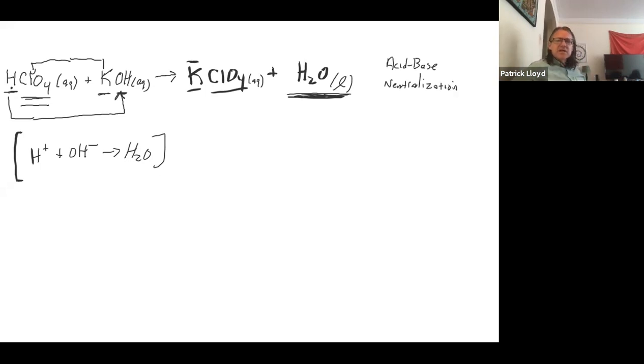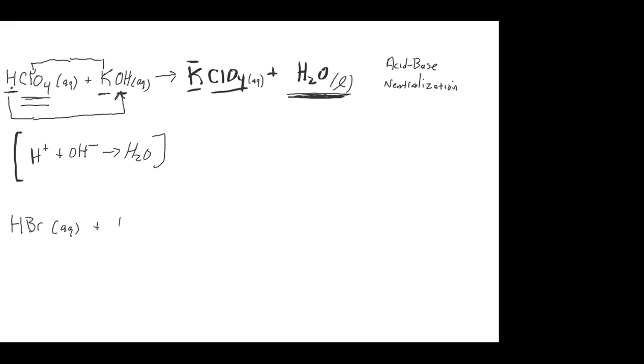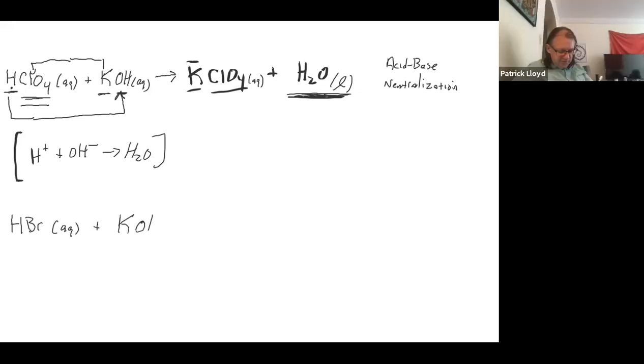Okay, let's take a look at another example. So this one is HBr plus, again, KOH, same one, same base. Okay. So what do we do? Break it up into two parts.